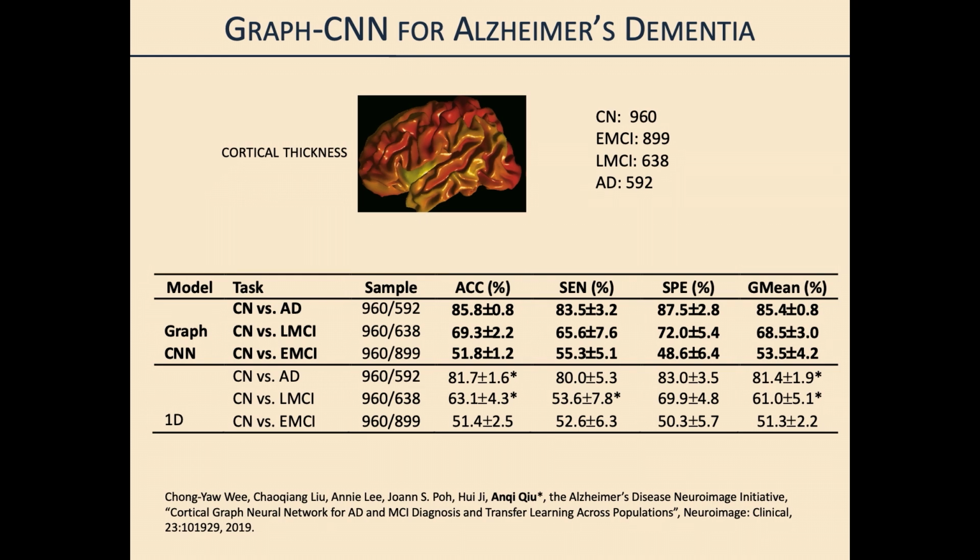Here we use Alzheimer's data to try to differentiate controls versus AD, or early MCI, mild cognitive impairment, or late MCI cases. You can see the accuracy is relatively good. Compared to just stretching the cortical thickness into a 1D array and doing a simple convolution, the performance is way better.